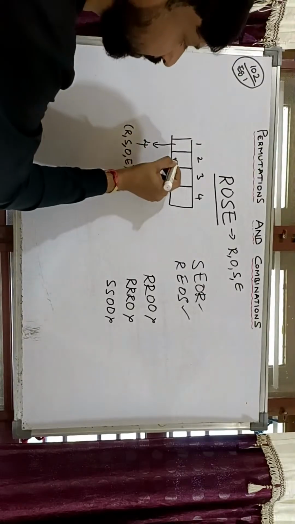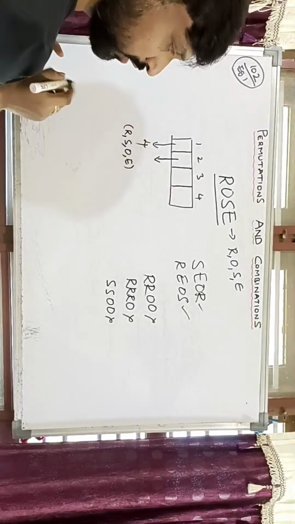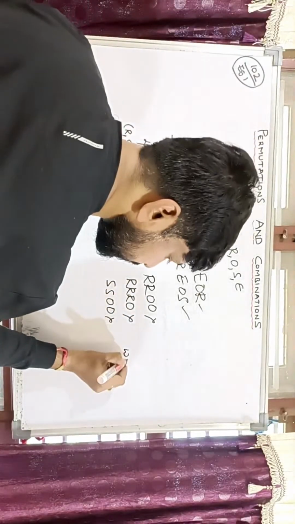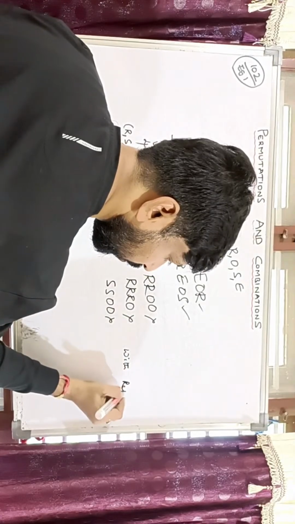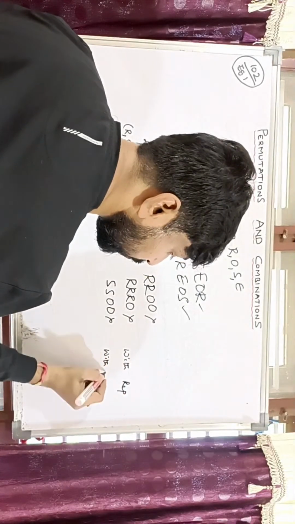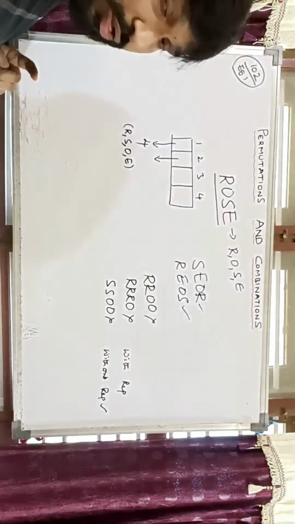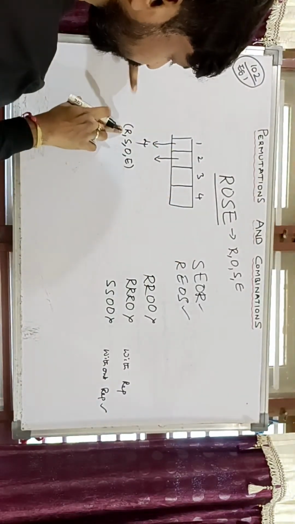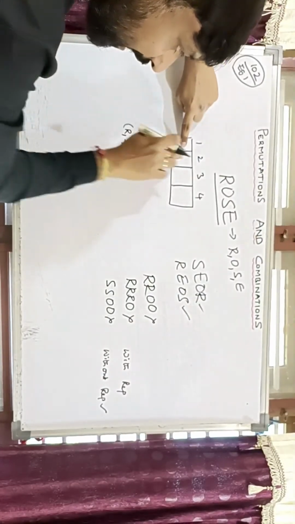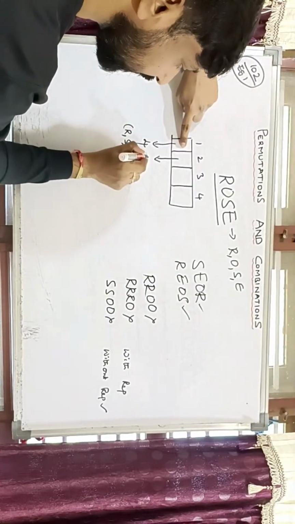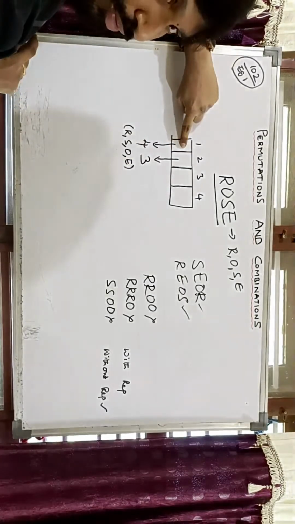Similarly, how many ways to fill the next box? You need to check the condition, with repetition or without repetition. In the question, without repetition is given, so repetition is not allowed. For example, if you fix R here, R can never be here again. You cancel R and only the remaining 3 letters can be fixed.